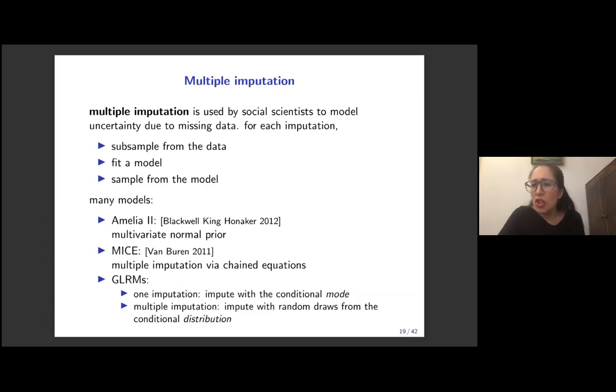So these are things like logistic loss instead of hinge loss, or multinomial loss instead of the one versus all loss. Okay. If you were going to do just one imputation, you would impute with a conditional mode, and that's exactly what I showed you before. But if you wanted multiple imputations, you can do that with random draws from the conditional distribution.